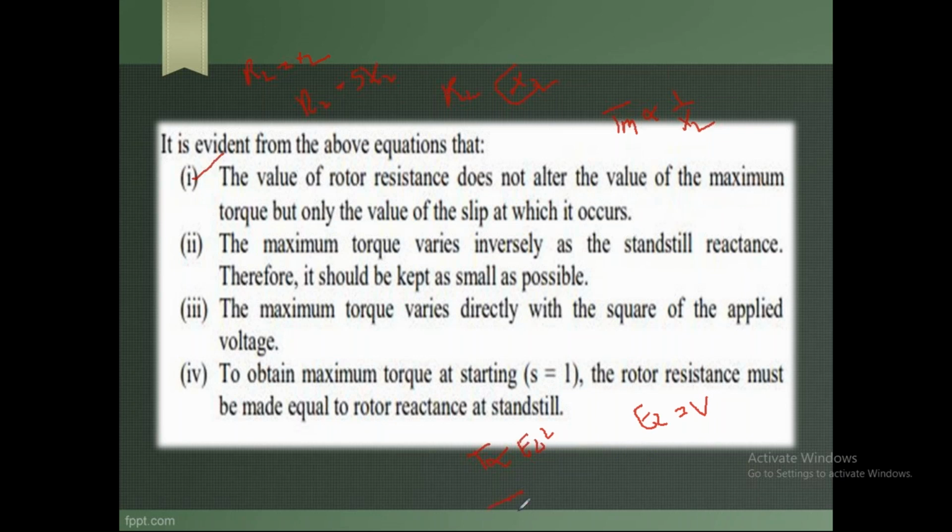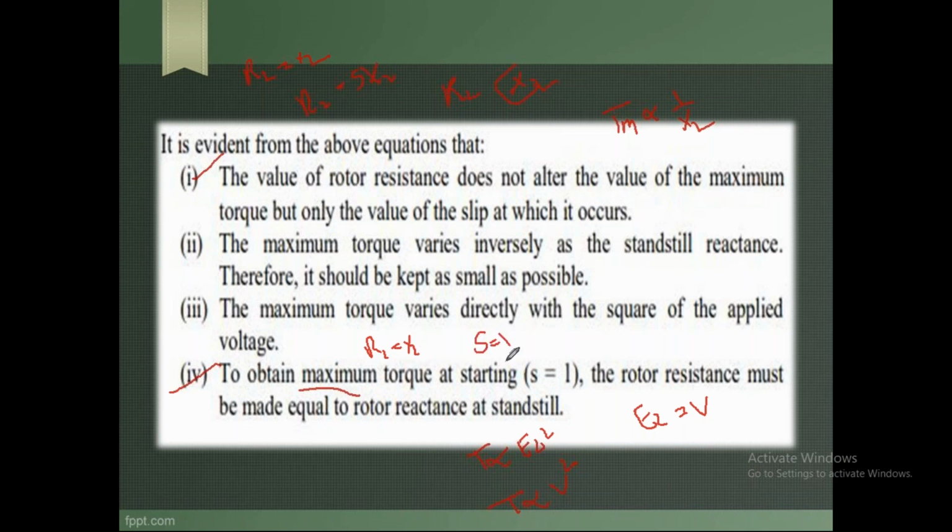So T is directly proportional to the square of the supply voltage. To obtain the maximum torque at starting, where S equals 1, the rotor resistance must be equal to the rotor reactance. So this is the final one.